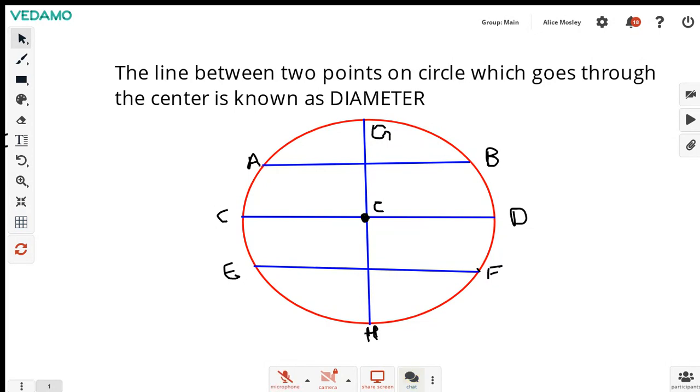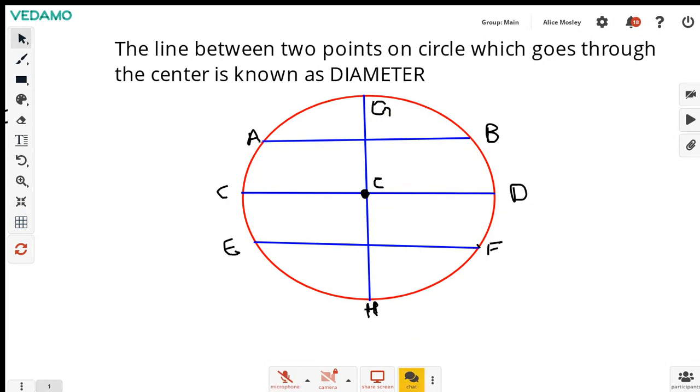So the question is, everyone concentrate. Which line or lines are diameters? There may be 2, there may be 3, or it is also possible that all of them are diameters. Please write in the chat box which one of them you think is the diameter.